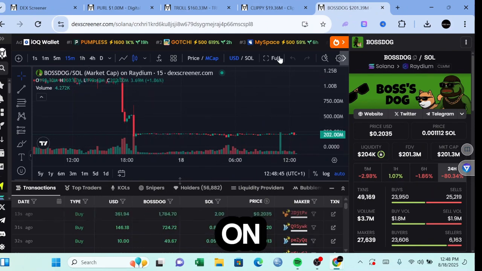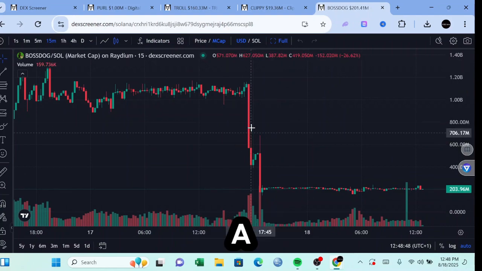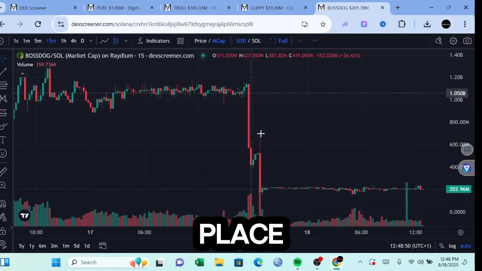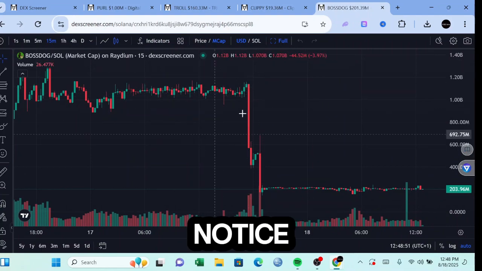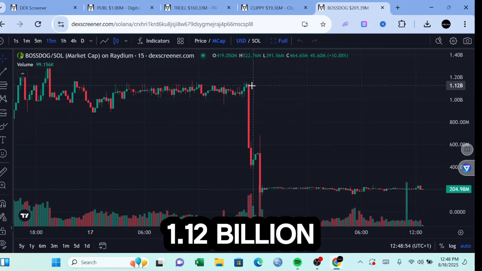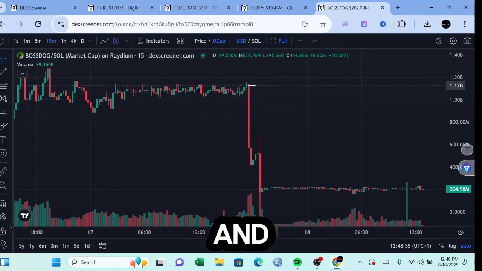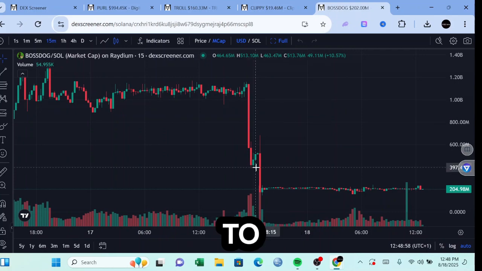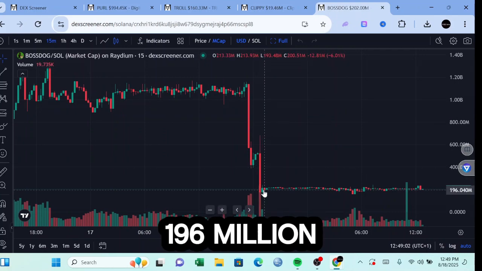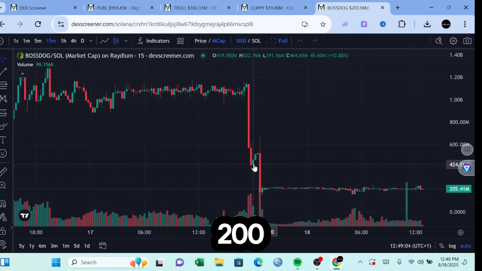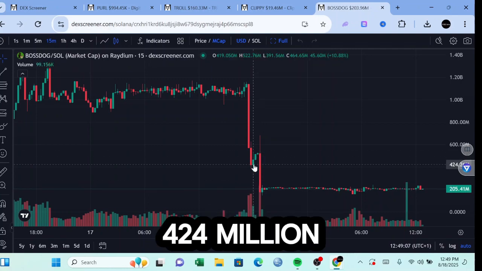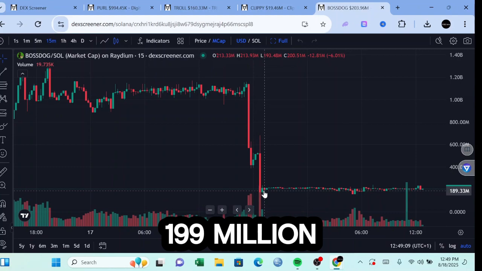If I put this on full screen, you can see there's a massive dump in this place. If you notice, the coin was at 1.12 billion market cap, and suddenly it got dumped to about 424 million, and now to about 189 million.